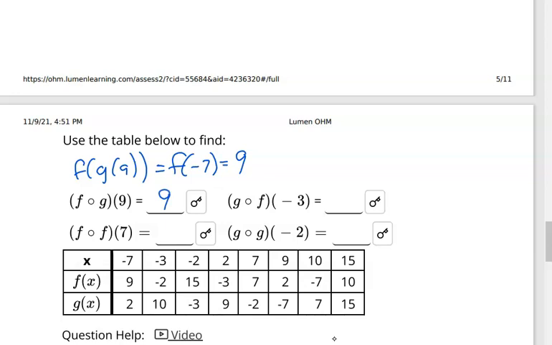G of f at negative 3. Well, f of negative 3 is negative 2. So that's equal to g of negative 2. Negative 2 in, g out, gives me negative 3.